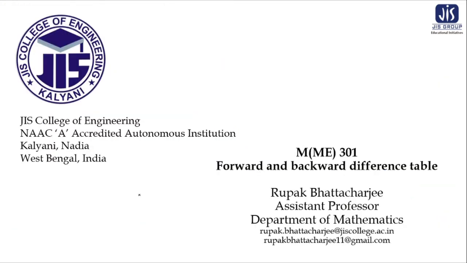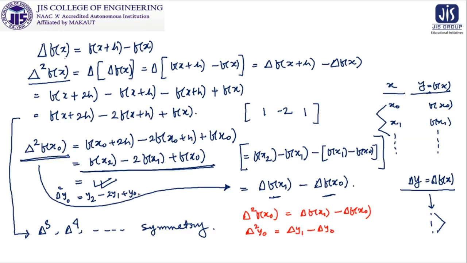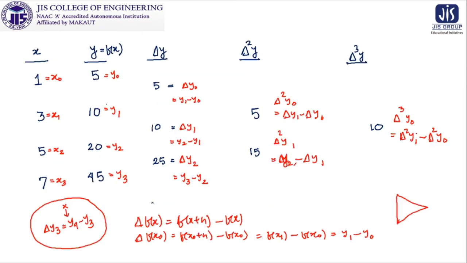Here y2 is 20, y1 is 10 and y0 is 5. So we can write it as 20 minus 2 into 10 plus 5, that is 5, and what we got here is 5.